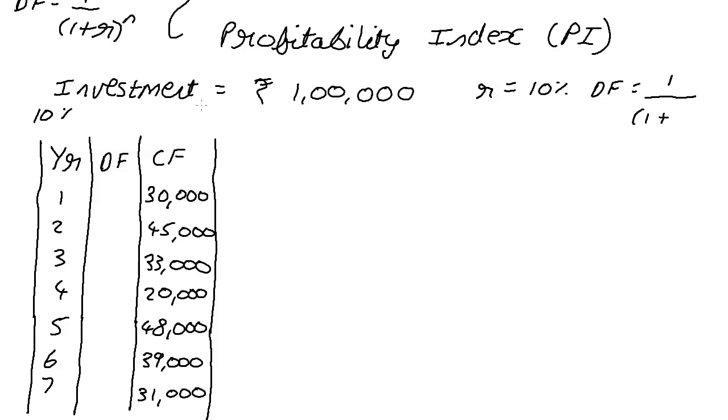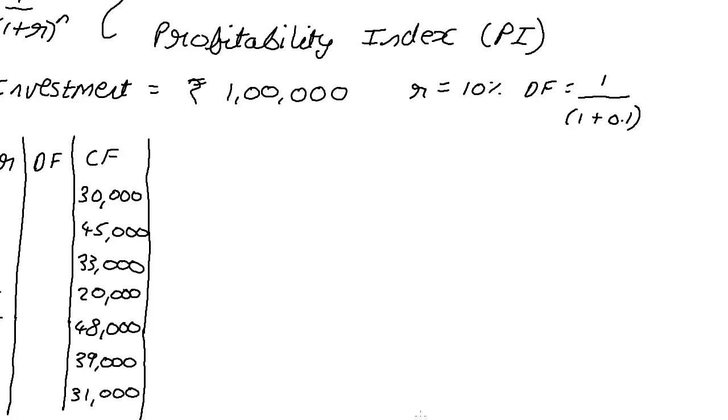This is basic mathematics: whatever the percentage is, upon 100 will give you the decimal. So this is going to be 1 upon 1 plus 0.1, which ultimately gives us 1 upon 1.1.